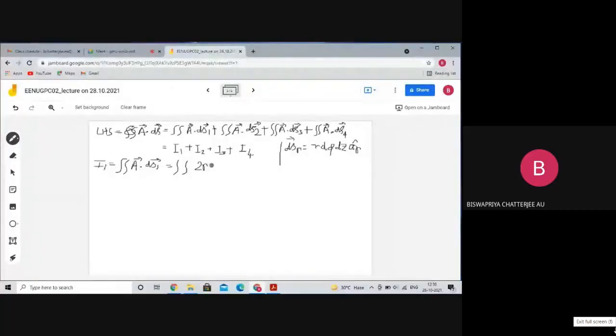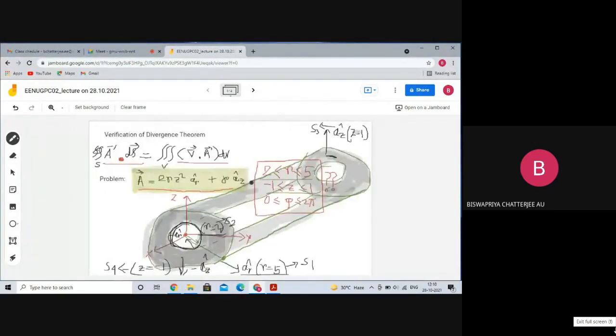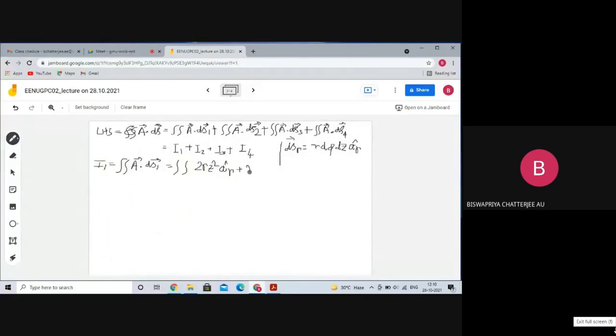Let me put the integration first, then 2R z square AR cap plus R AZ cap. So this was the vector A dot ds1. Now ds1 means this part first, R d phi dz AR cap.